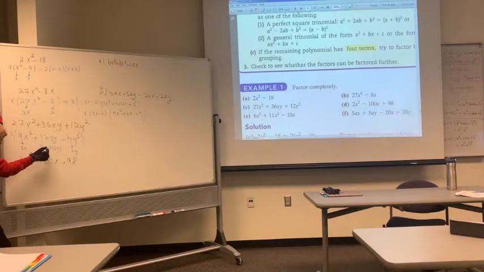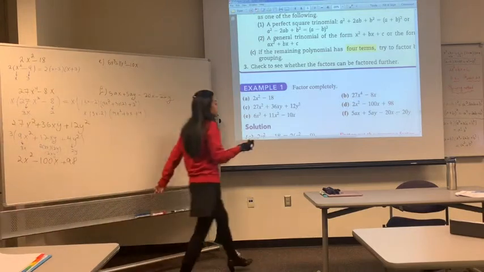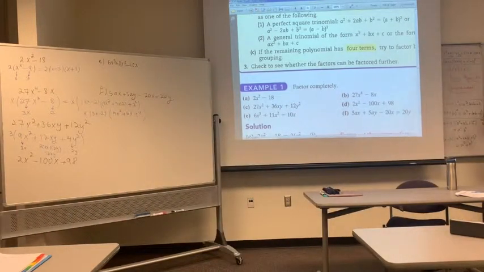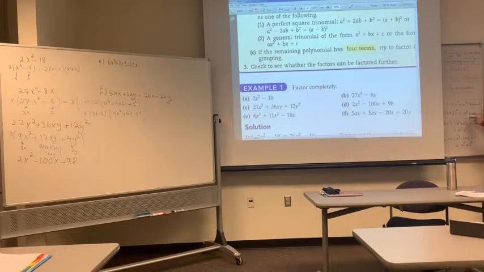So 2 multiplied by 3 multiplied by 2 is 12xy. So it matches. Oh, we have a positive sign. So a squared plus 2ab plus b squared gives us a plus b to the power 2. Correct?